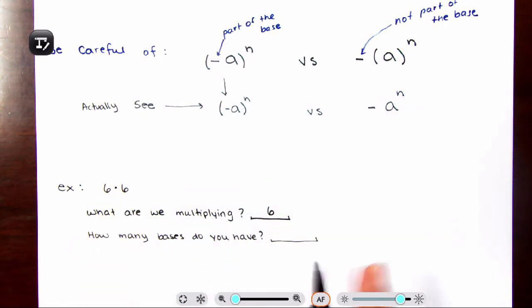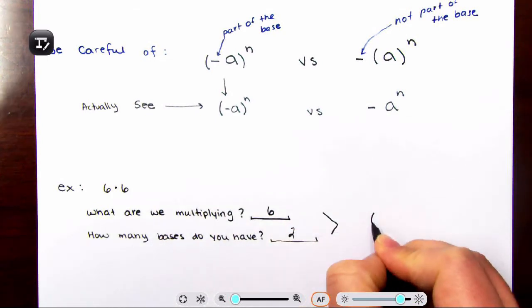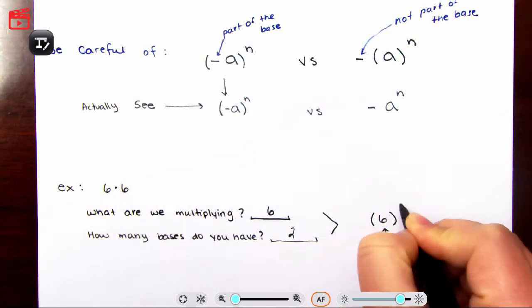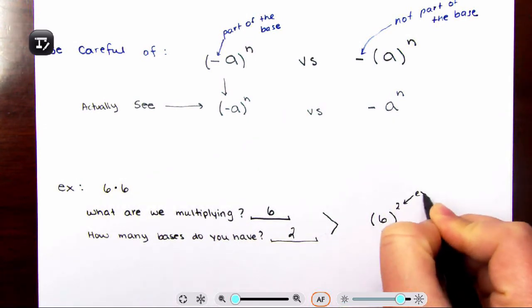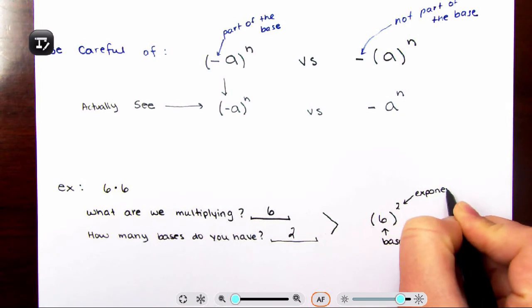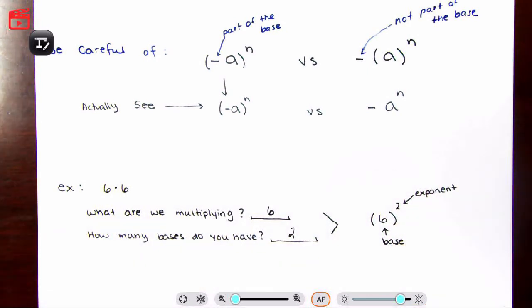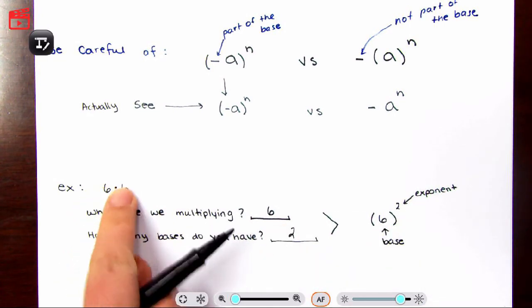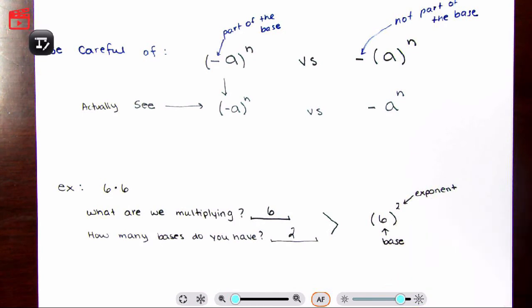I have 2 bases. So that means your base is 6. Your exponent is 2. So what are we multiplying? 6. How many bases do you have? I have 1, 2 bases, so that means my exponent is 2.